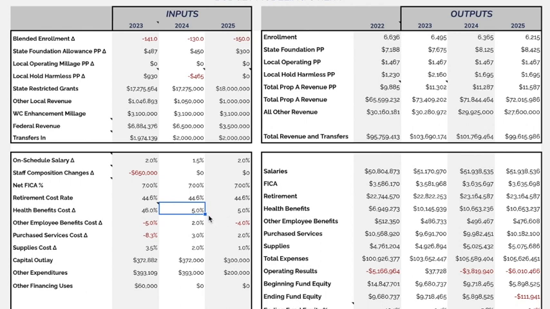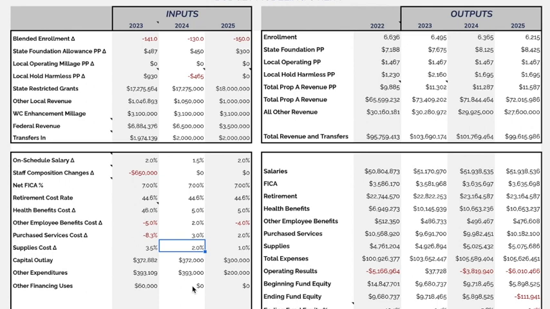We need to get some guidance as to whether that's in alignment with what the folks we pay to give us advice on that say. A slight increase in other employee benefits. It's a really small number here, so that percentage is almost meaningless. Slight increase in purchase services, slight increase in supplies, and then no change in capital outlay and these other categories.